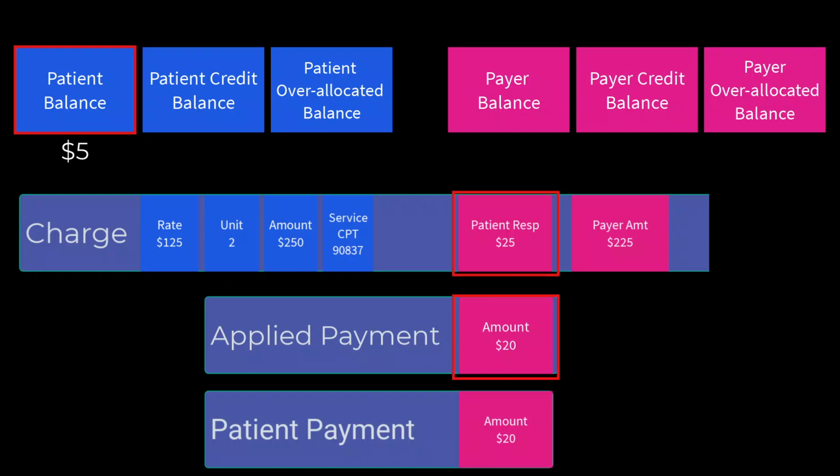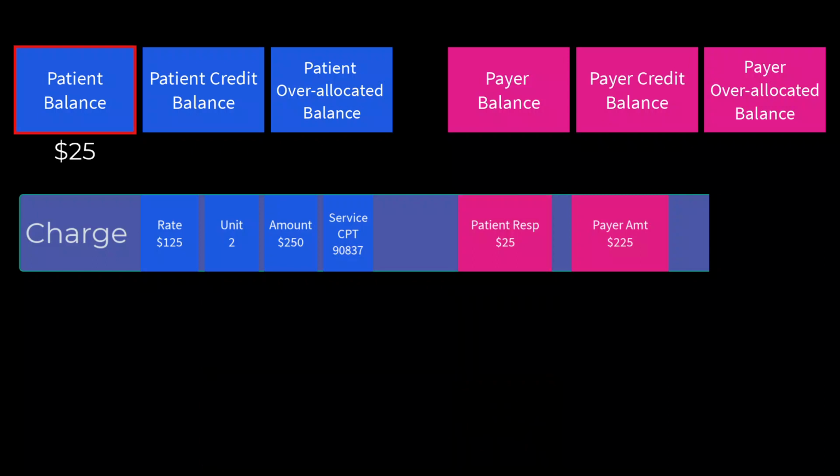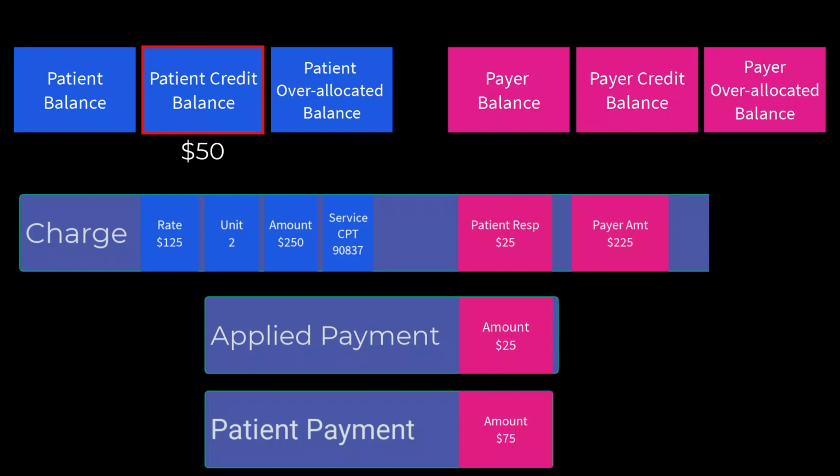You'll also get a patient balance if the charge has a patient responsibility and no payments are applied to that charge. A patient credit balance will occur when the amount of the patient payment is greater than the amount that's applied to the patient responsibility section of the charge.